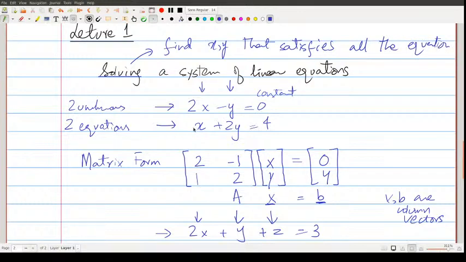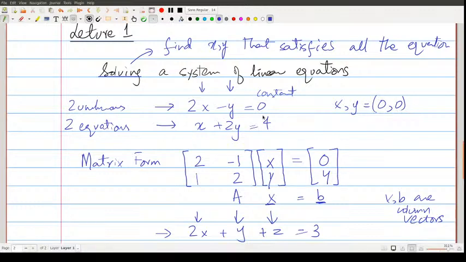So I want an x, y such that it satisfies this equation. So maybe you can immediately see that since the right hand side is 0, if you pick x, y equals 0, 0, that's some possibility of satisfying the first equation, because 2 times 0 is 0, minus 0 is equal to 0.